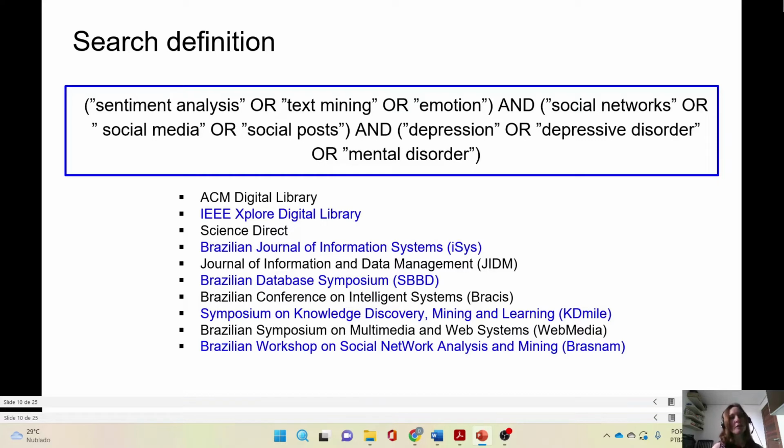So, our string has been defined as the composition of sentiment analysis or text mine or emotion and social networks or social media or social posts and depression or depressive disorder or mental disorder. We have tried to include any kind of mental disorder. As libraries, we have used conventional and important international libraries, as well as some specific libraries from Brazil.